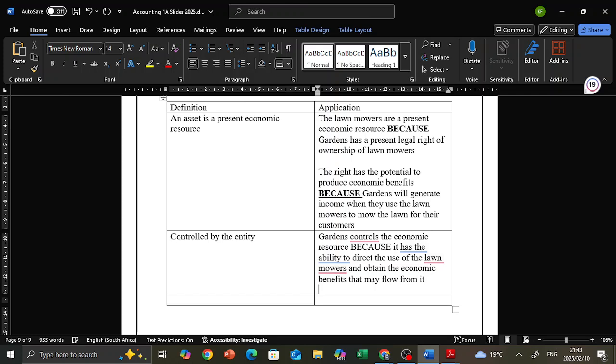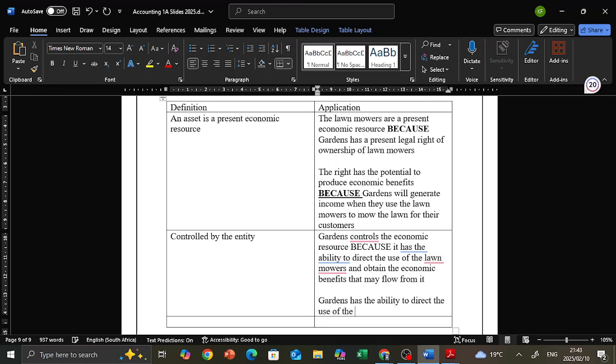Furthermore, Gardens has the ability to direct the use of the lawnmowers and obtain economic benefits. Okay, Gardens has the right. No, ability. My bad, guys. Gardens has the ability to direct the use of the lawnmowers.